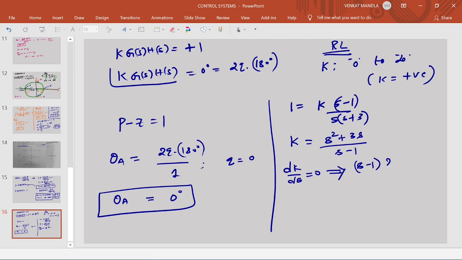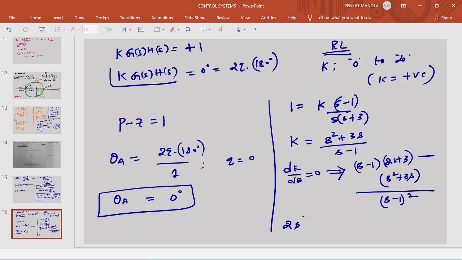(s minus 1)(2s plus 3) minus (s square plus 3s) into 1, by (s minus 1) whole square equal to 0. Right? From this, 2s square plus 3s minus 2s minus 3 minus s square minus 3s equal to 0.